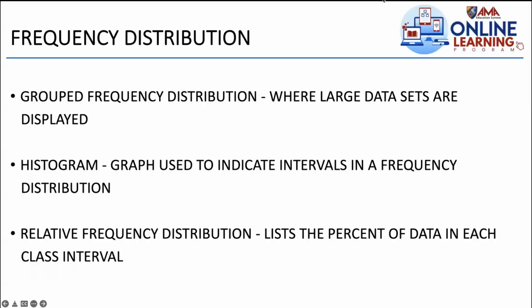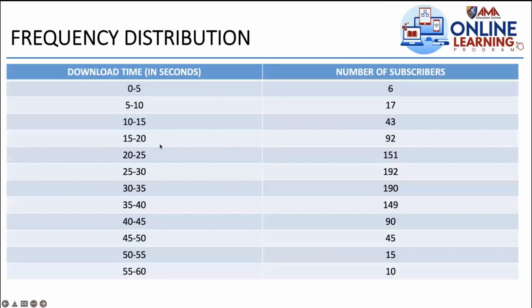Okay, class, let's discuss the examples, one for each. This one is the frequency distribution table, where you see the intervals and the corresponding frequency. That's why it's called a frequency table. So for example, class, this 0 to 5.